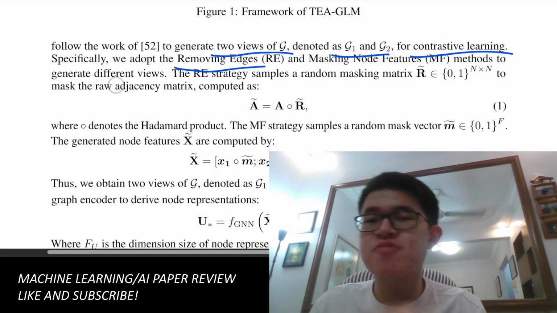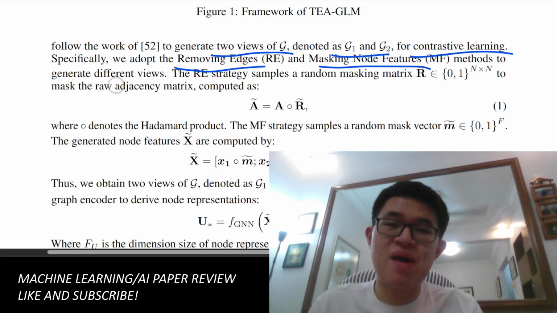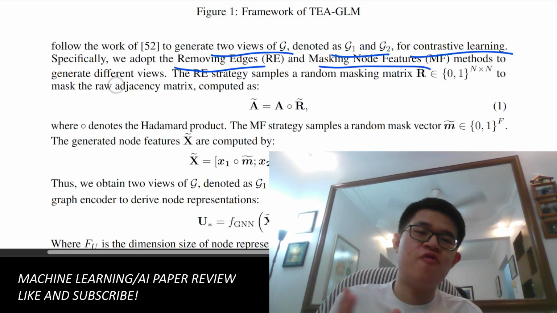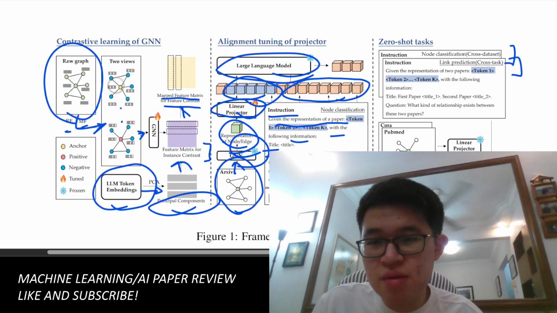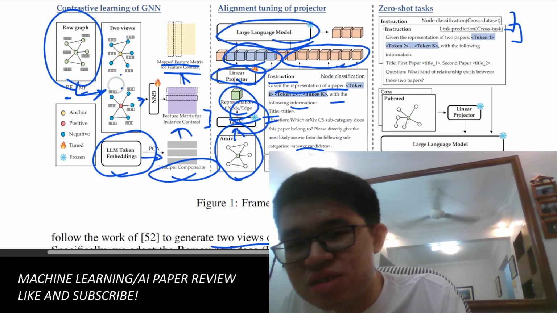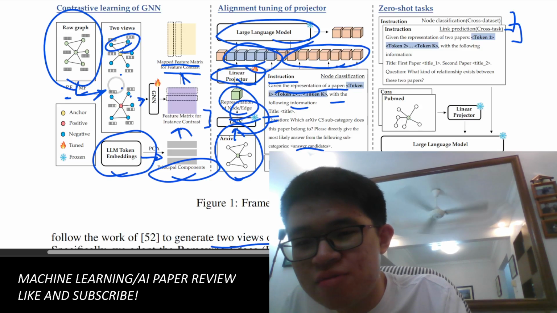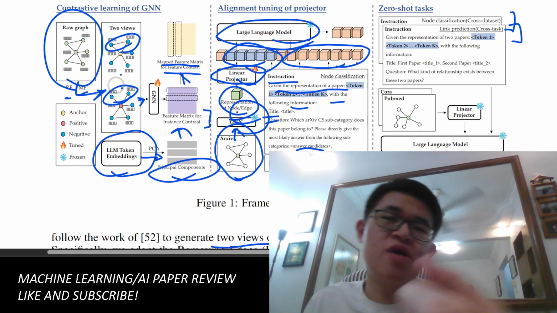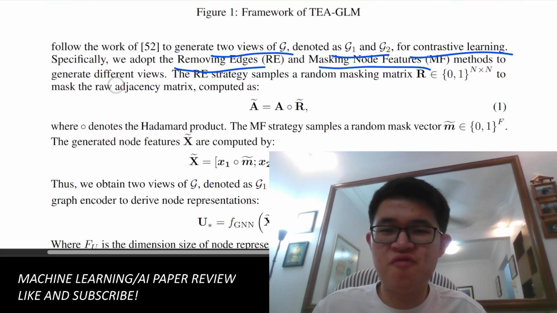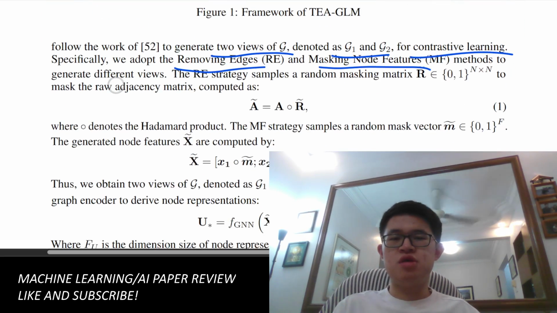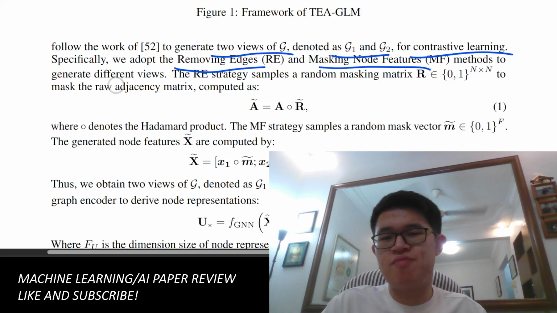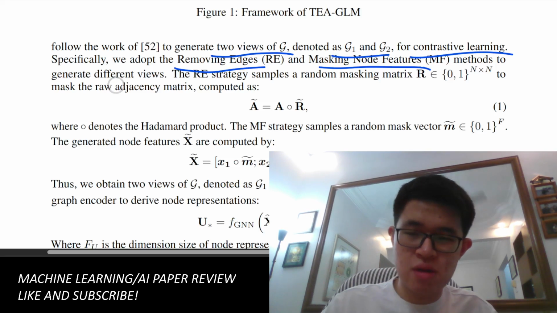One is to remove some edges, and the other is to mask out some of the node features. As you can see, it used to have this edge right here, but now it's removed. It's all part of the perturbation process in this case.